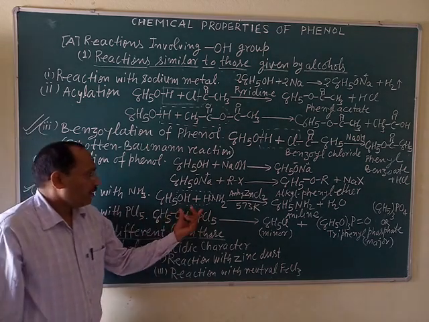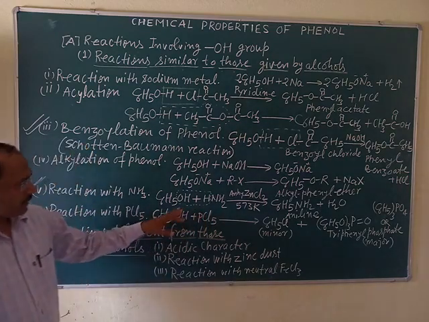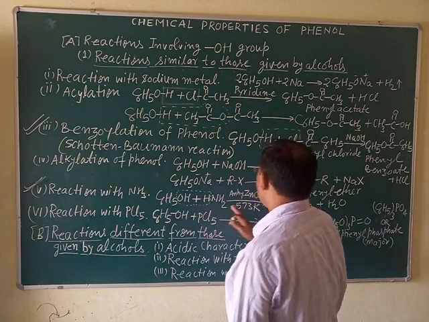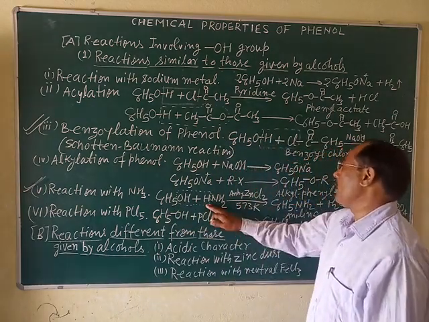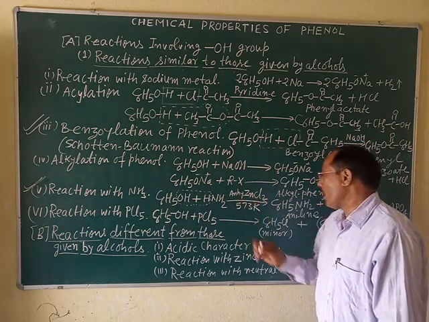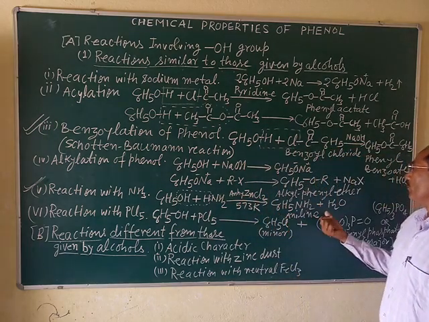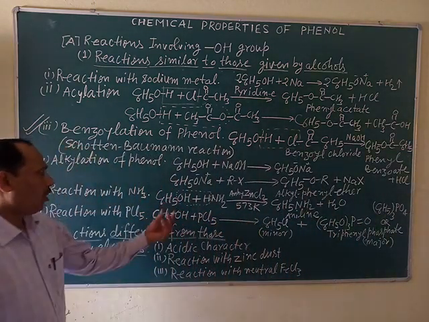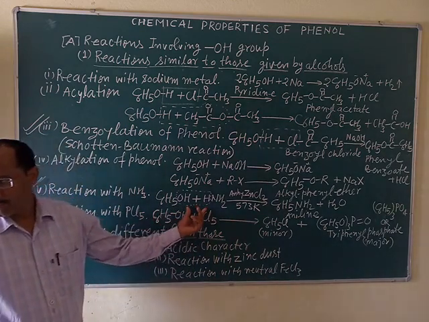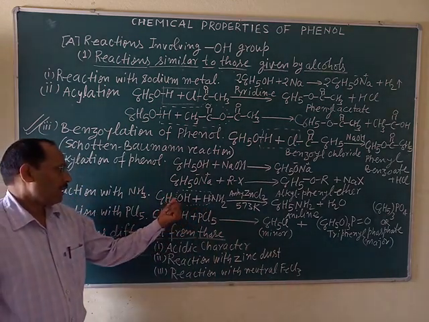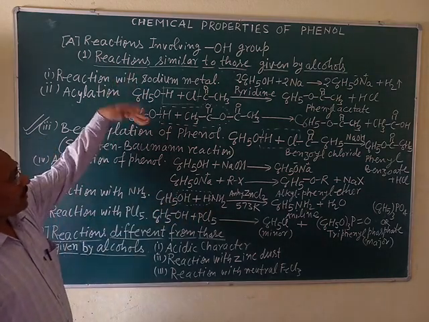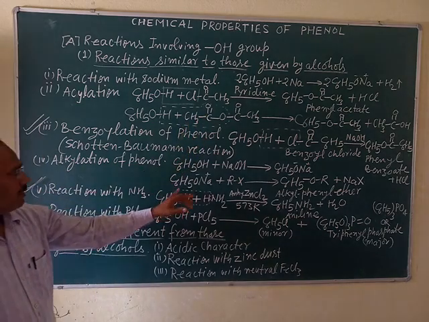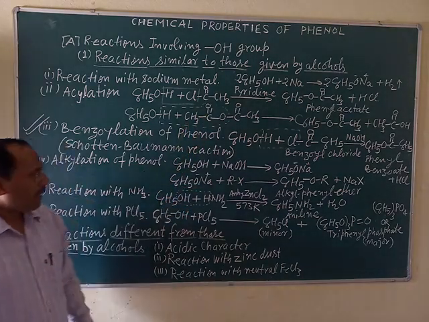That's why in special conditions, it can be removed by other nucleophiles. That's why phenol, when heated with ammonia in presence of anhydrous zinc chloride, aniline is obtained with the loss of a water molecule. In this reaction, the carbon oxygen bond of phenol is broken. Okay? In all the other reactions, O-H bond breaking takes place, but in this case, carbon oxygen bond breaking takes place.